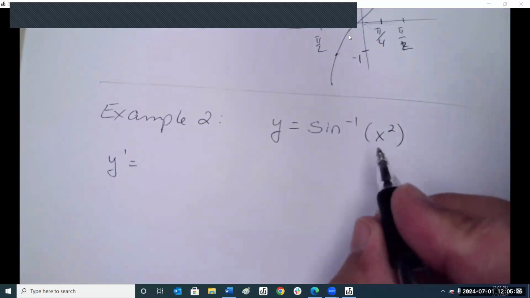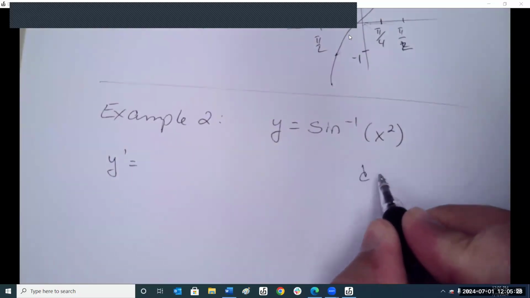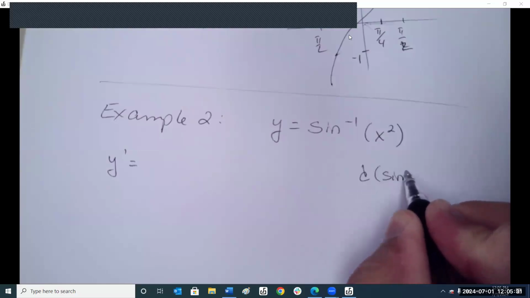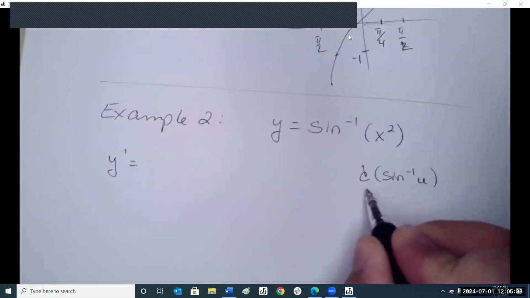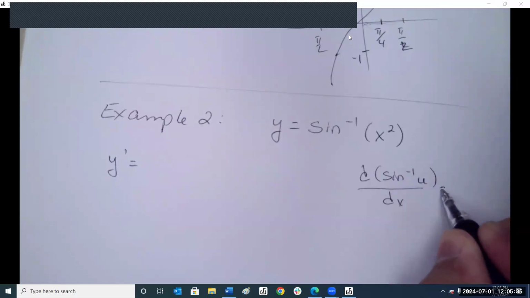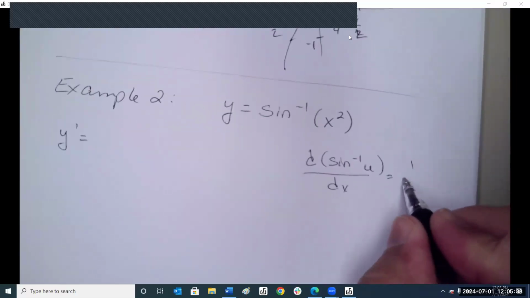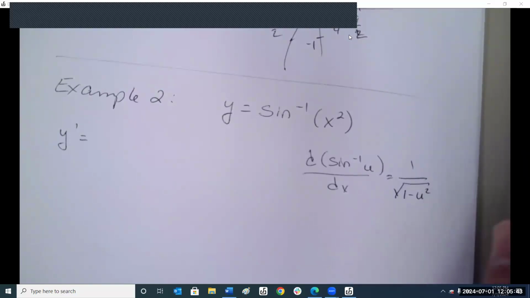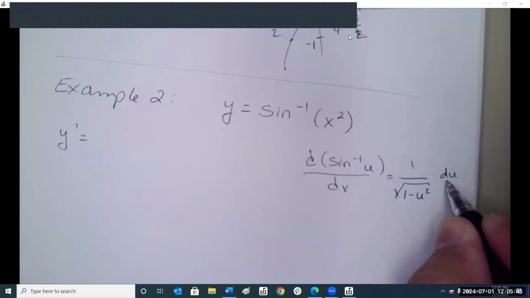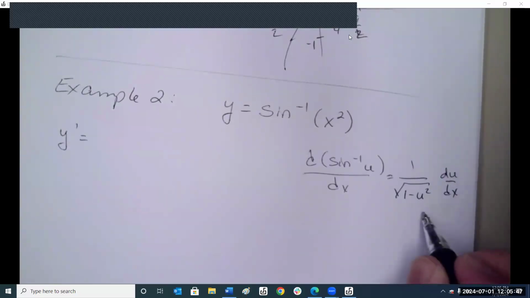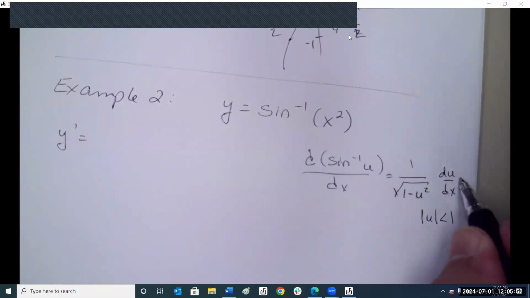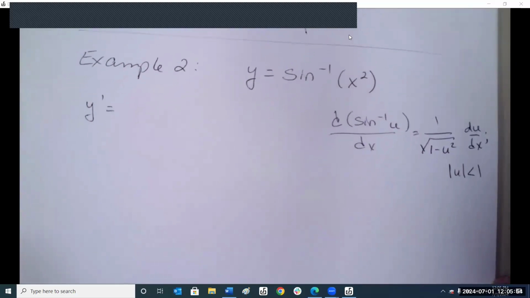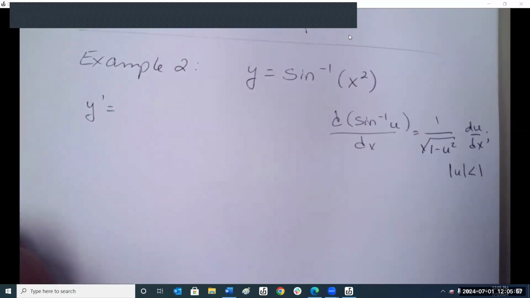So using our formula, I'll put the formula over here, where the absolute value of u is less than 1. So using substitution, what all do we have to find?